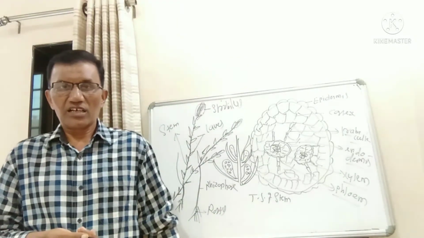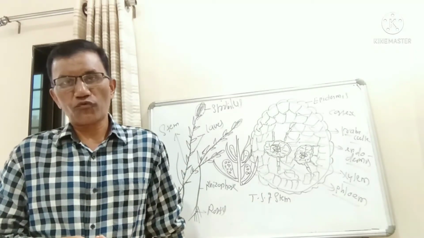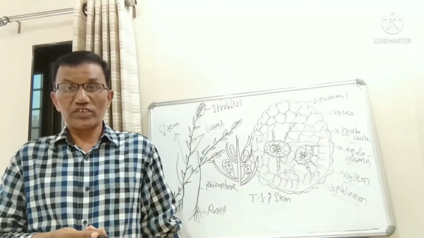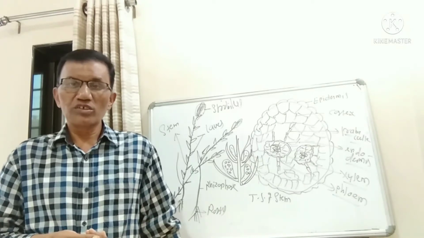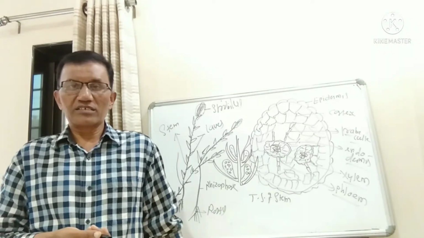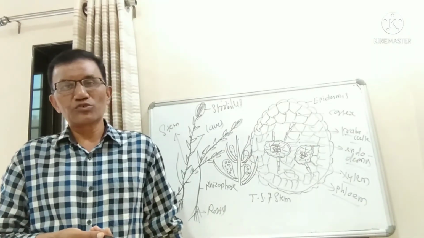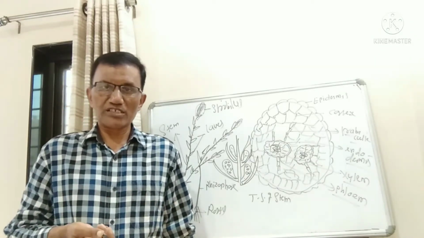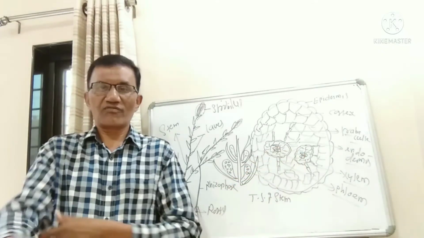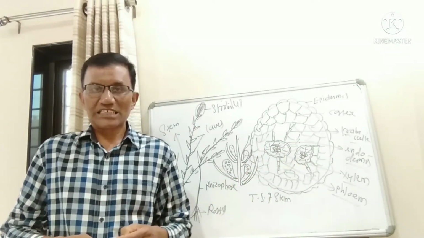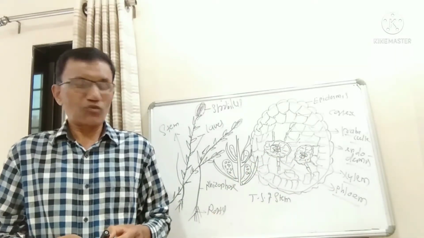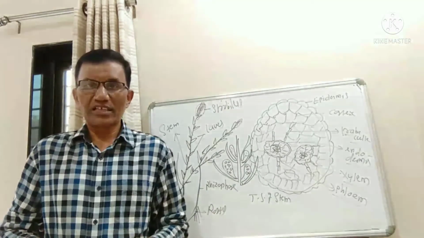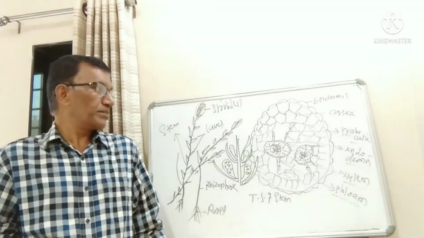Here also the sporophytic phase is longer compared to the gametophytic phase, and the two phases are independent of each other, with their own structure and their own development.